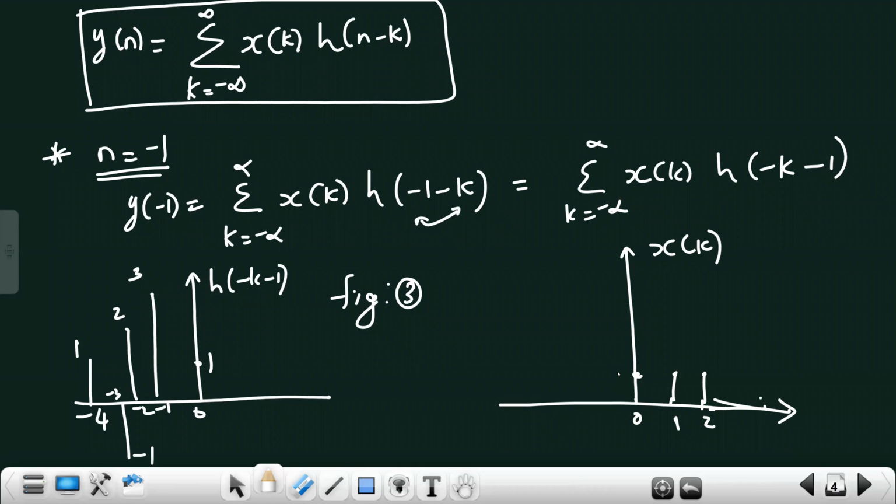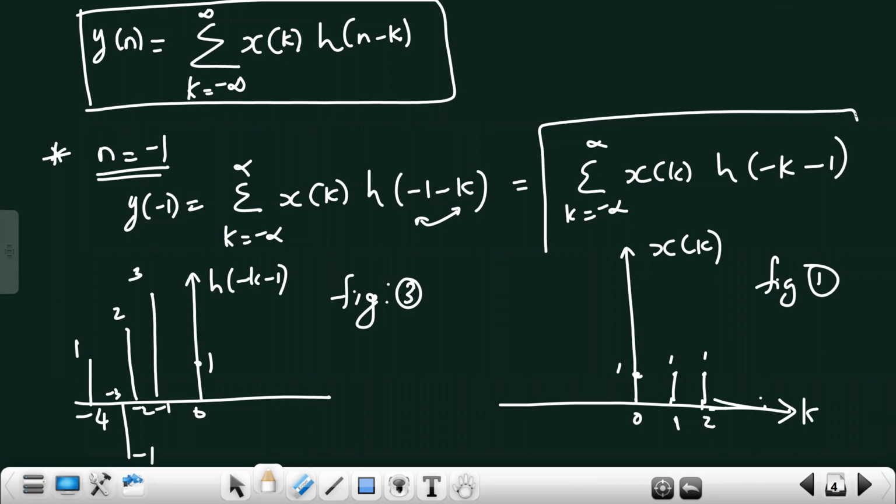So this was your x of k, figure number 1 and figure number 3. Now you observe this equation. What is the meaning of this equation?